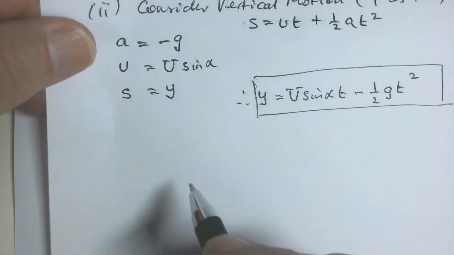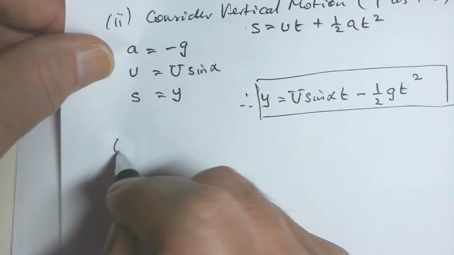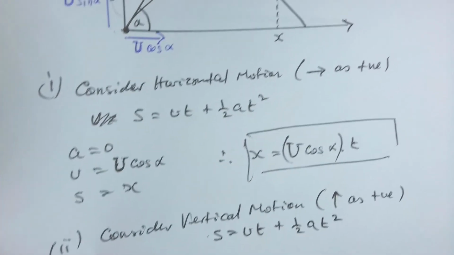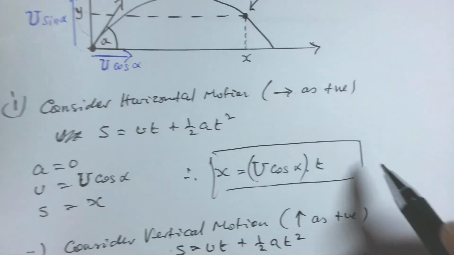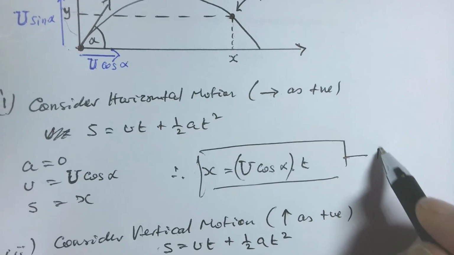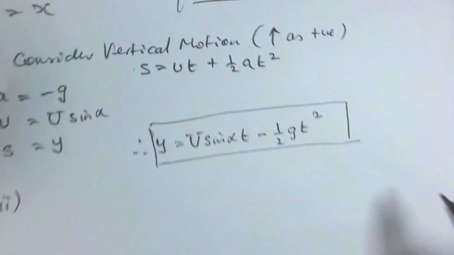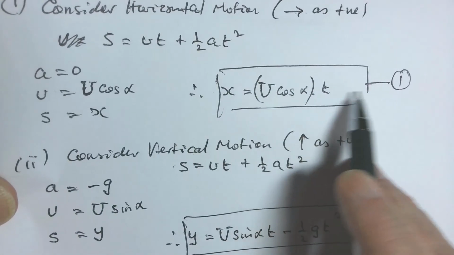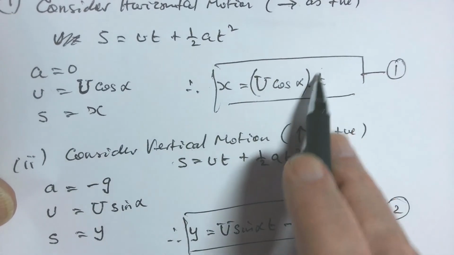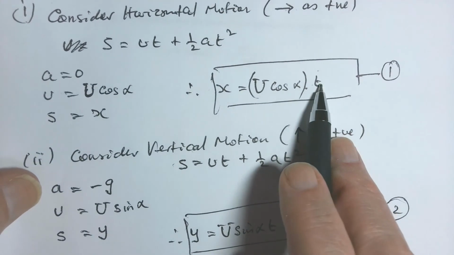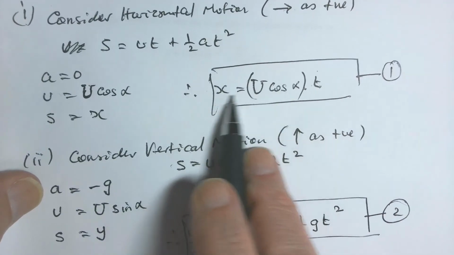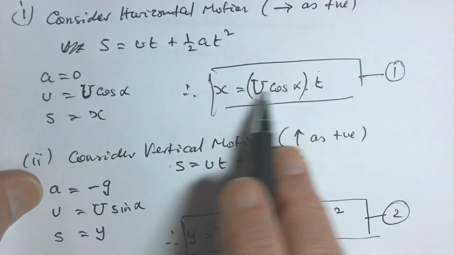So what we're going to do with part 3 is, if I call this equation 1 and call this equation 2, go back to equation 1 and get an expression for the time t in terms of x and u and cos alpha.